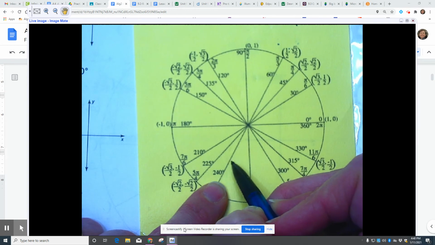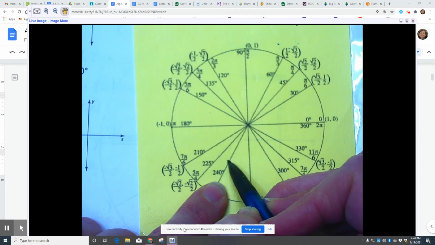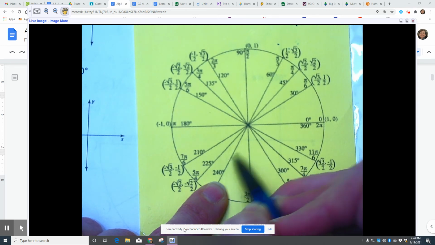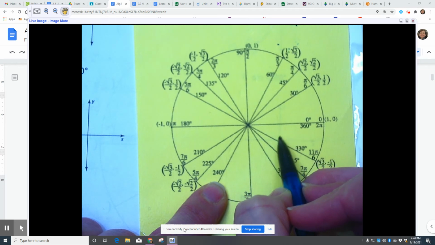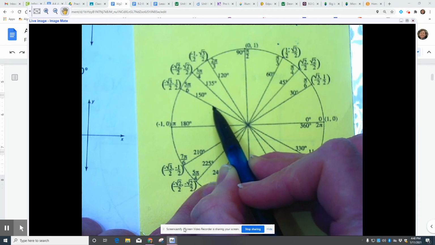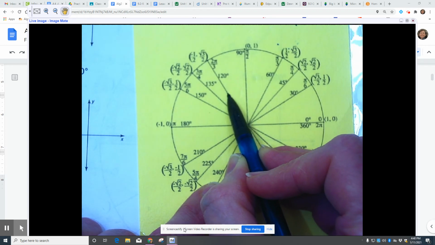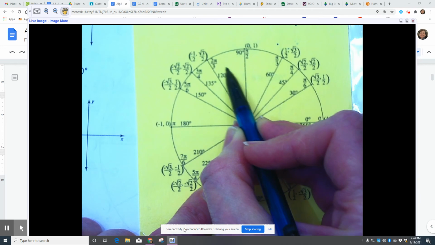That's actually 60 degrees more. So 180 plus 60 is 240. So that would be positive 240. I want to do negative 240. So I'm going to start here. I'm going to go in the negative direction 180, and then 1, 2, 3, or 60 degrees more. I end up right here.